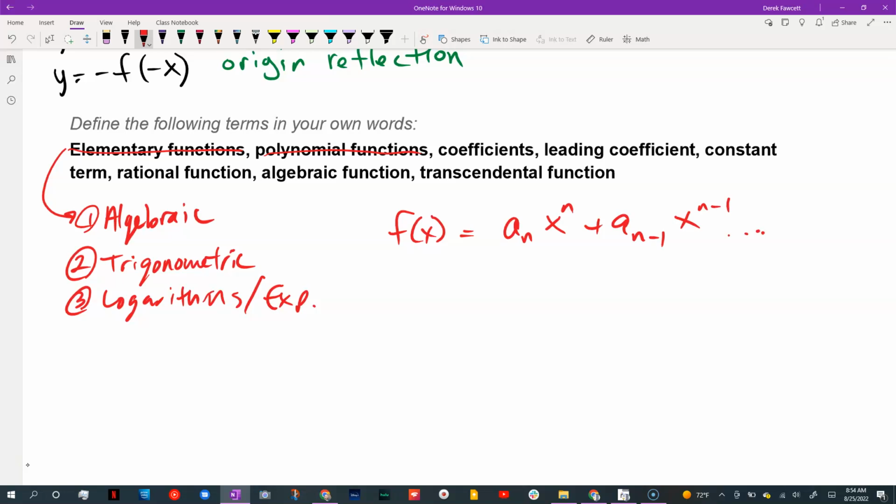All the way to the very end where you would have your very first term. Okay, that a sub 0, that is your first term. Now, the coefficients, let me highlight in yellow, the coefficients are those terms, those numbers being multiplied to your variables.